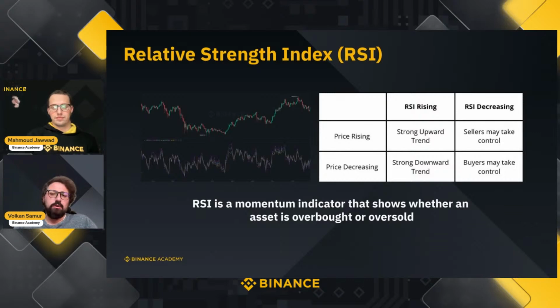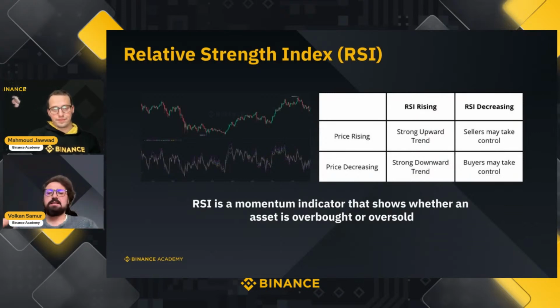Also, to give some ideas, a commonly agreed rule is that when the RSI is over 70, the asset is usually overbought. It means a lot of people are right now buying it, so the momentum is overbought. And when the RSI is under 30, it's usually a sign of oversold.